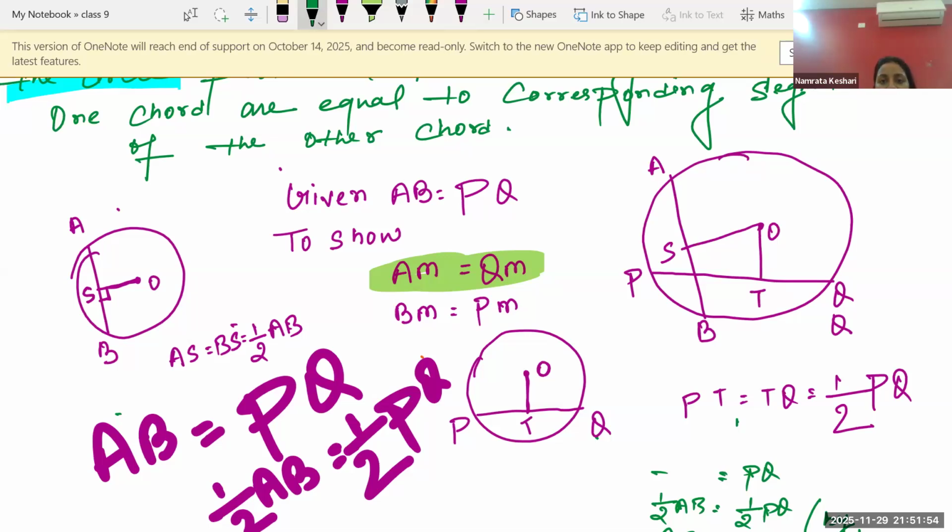That means this AS over here and this QT over here are equal.